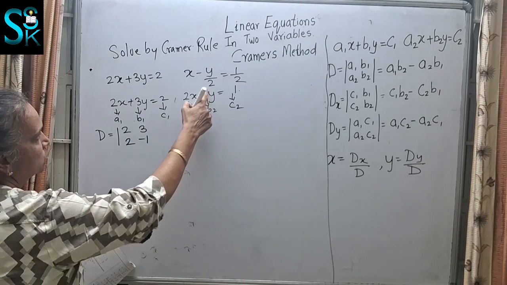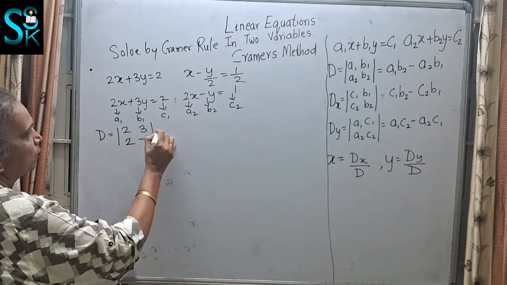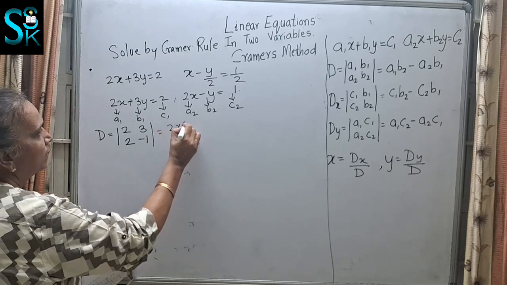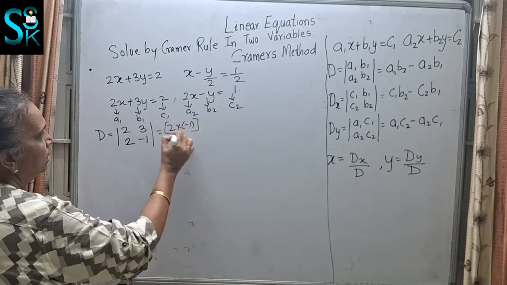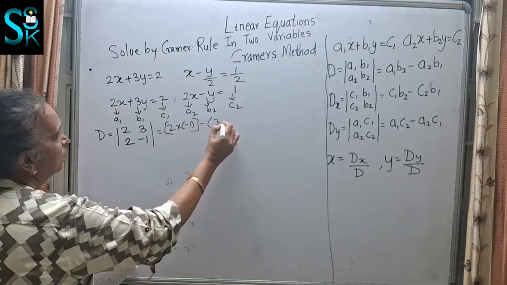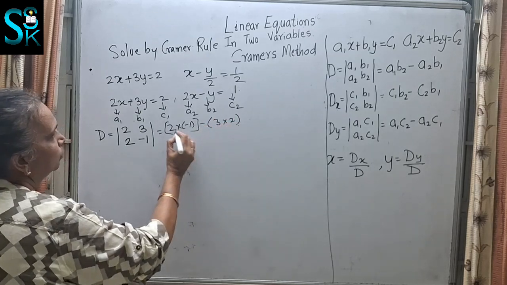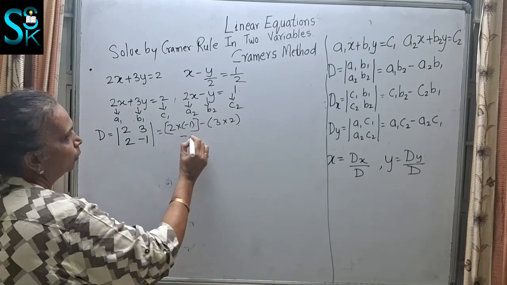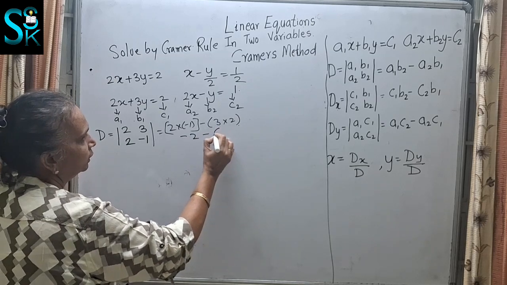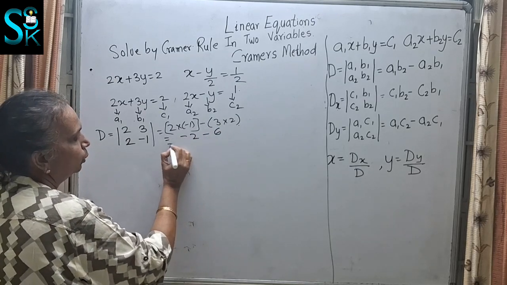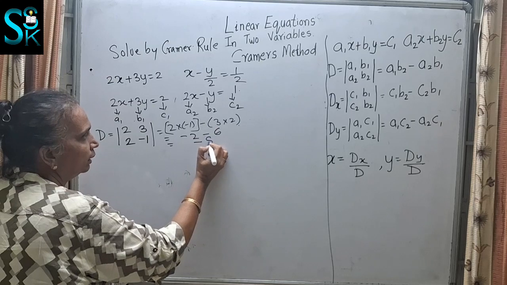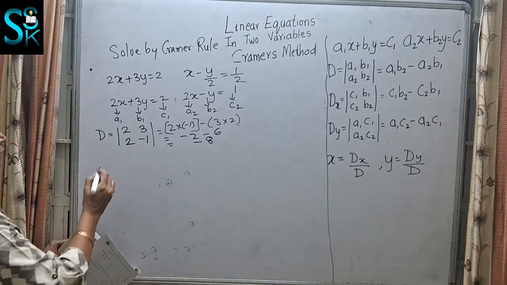Remember the coefficient is minus 1. So 2 into minus 1, minus 3 into 2, that is minus 2 minus 6. Both are minus, so add with a minus sign, that is minus 8.